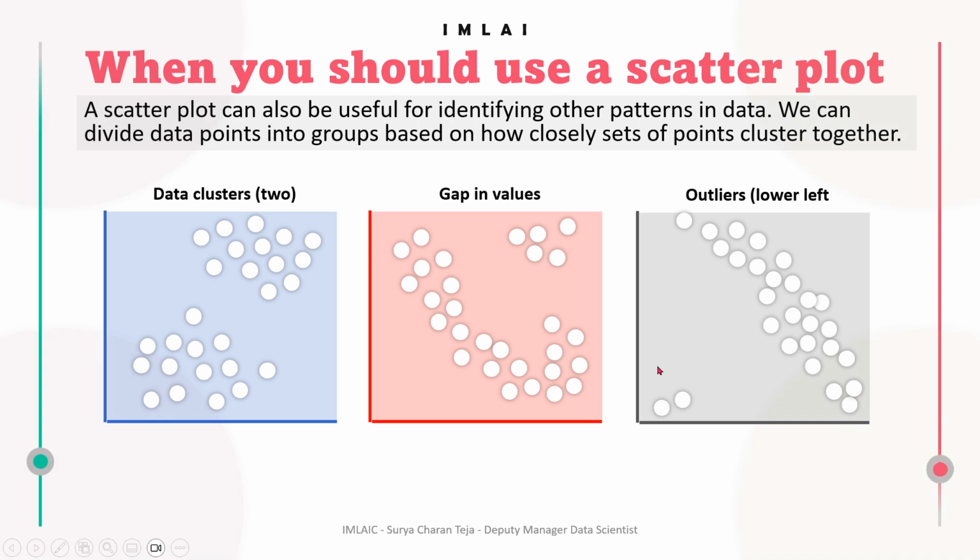But on the left side, there are two data points which are completely away from our relation, away from our trend or pattern. So these are called outliers. We can use scatter plots even to find the outliers.